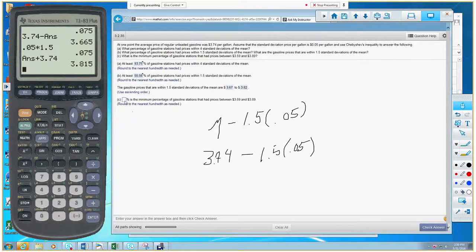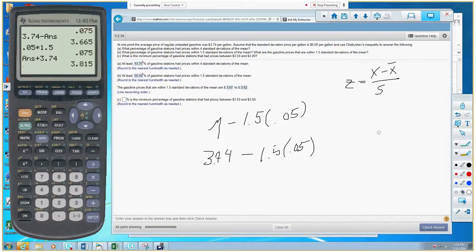Now, C, percentage. What is the minimum percentage of gasoline stations that had between 3.59 and 3.89? Well, 3.59 and 3.89, that's a z-score. So we can punch that in as a z-score. And the z-score, for those that don't know it, is z equals x minus x bar divided by the standard deviation.